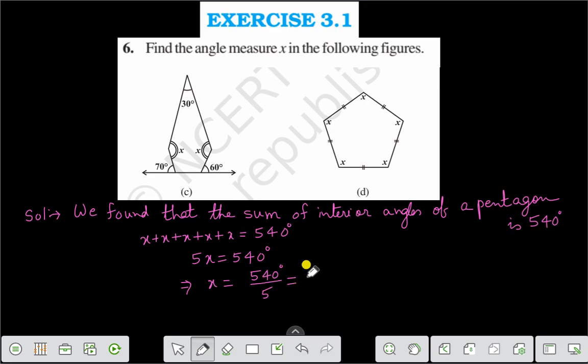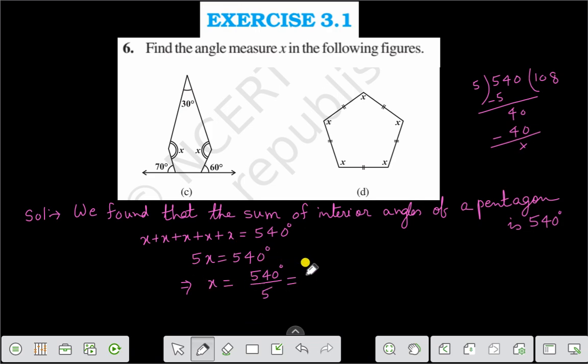If you divide 540 by 5, you will get 5 1 is 5, then it is 4, 0, 5 8 is 40, then you are getting 108 degree.